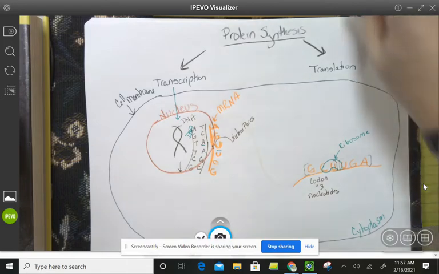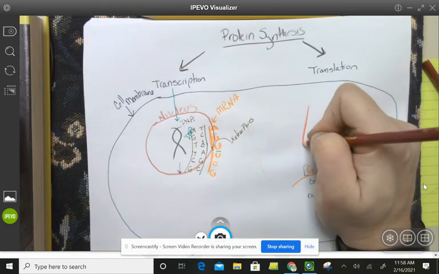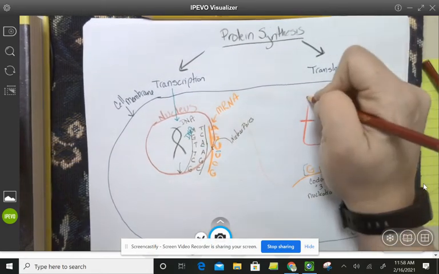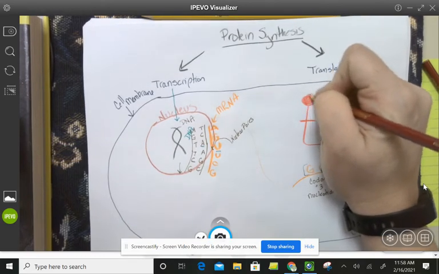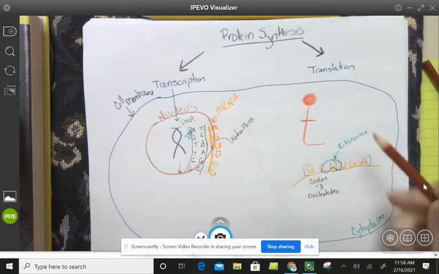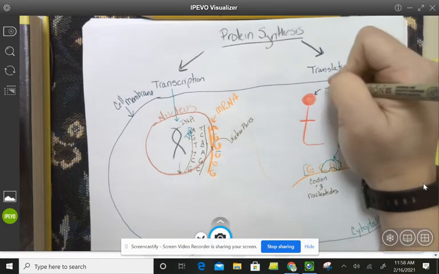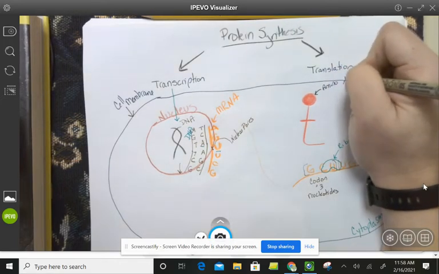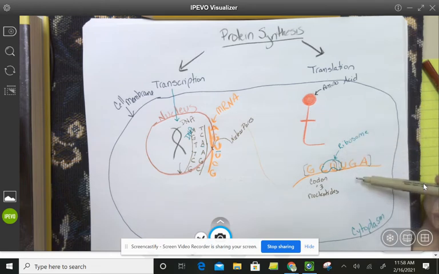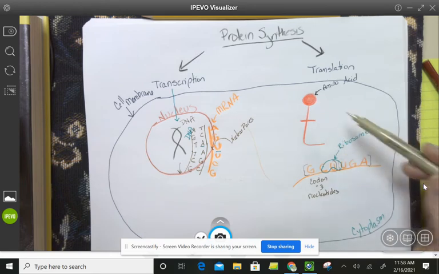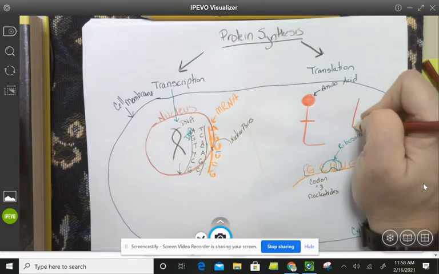The next player here is the transfer RNA. And when I make a transfer RNA, I kind of make it look like a T. And what every transfer RNA carries with it is an amino acid. So what is going to occur here is the ribosome is going to be sending a message out to the cytoplasm, and it's going to be looking for transfer RNA.